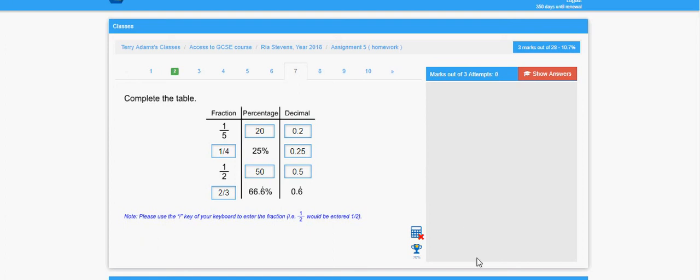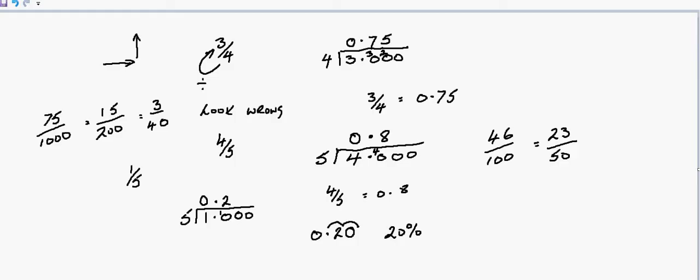Okay, so I hope that's helped, and I hope it explains it a little bit better. If it doesn't, get back to me, and I'll have a stab at trying to make it slightly easier. But take your time. When you're converting fractions to decimals, divide the bottom into the top.